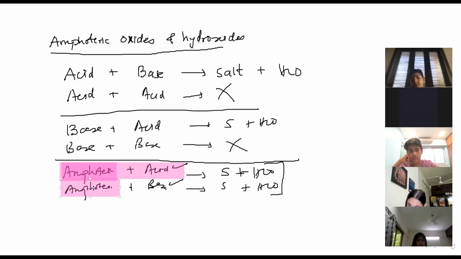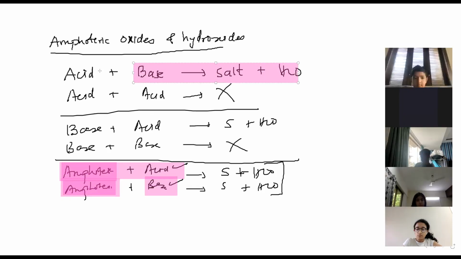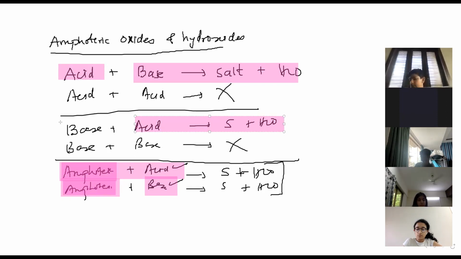Whenever amphoteric reacts with a base, what is it behaving as? An acid. Okay, because we know that an acid reacts with a base to form salt and water, and a base reacts with acid to form salt and water. So amphoteric reacts with acid also and base also to form salt and water.